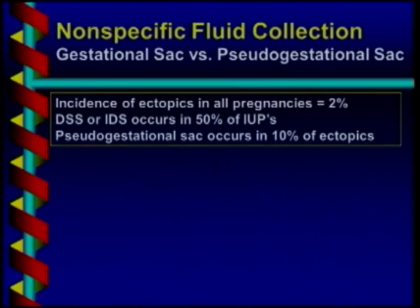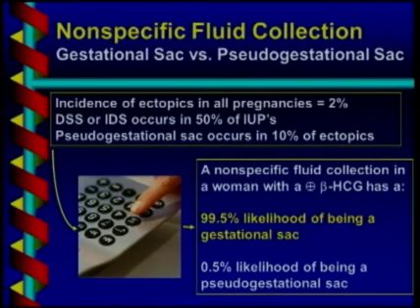If you take those three numbers and put them into a calculator, you come out with the conclusion that a nonspecific fluid collection in a woman with a positive pregnancy test has a 99.5% likelihood of being a gestational sac. 199 chances out of 200 of being a gestational sac, only one chance in 200, or a 0.5% chance, of being a pseudogestational sac.